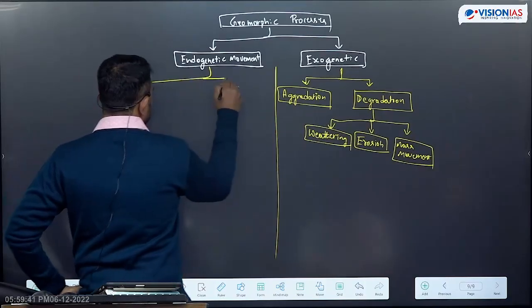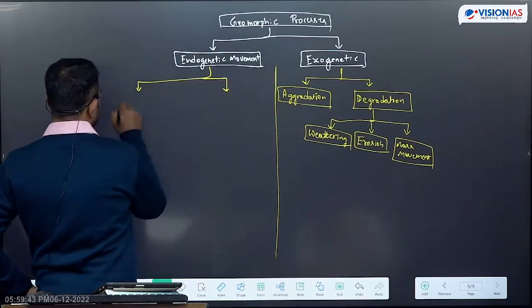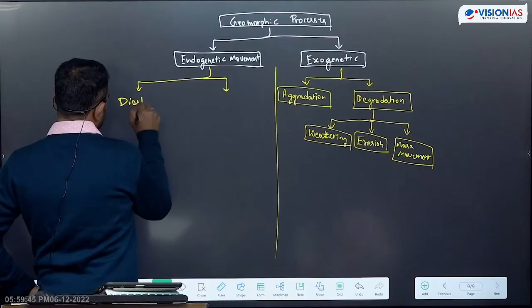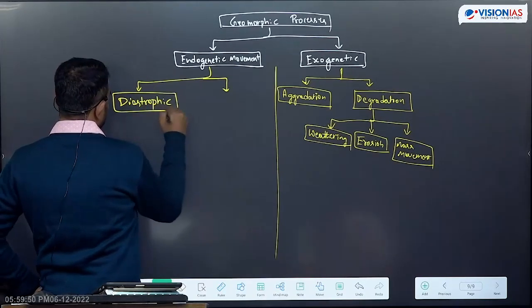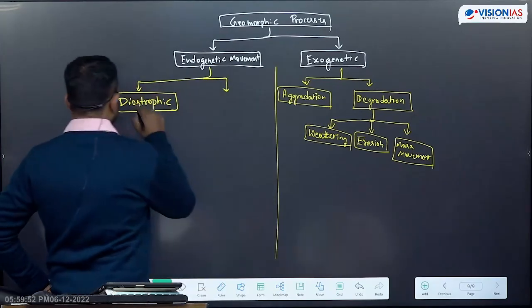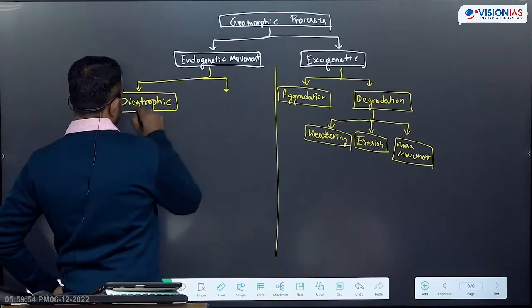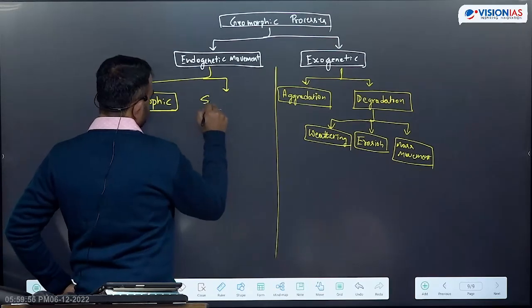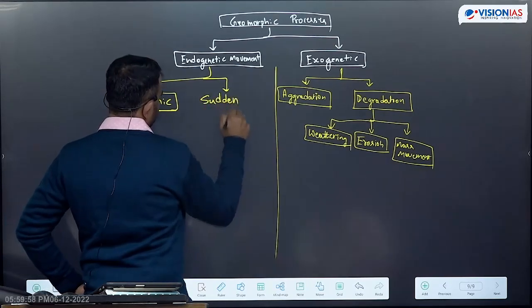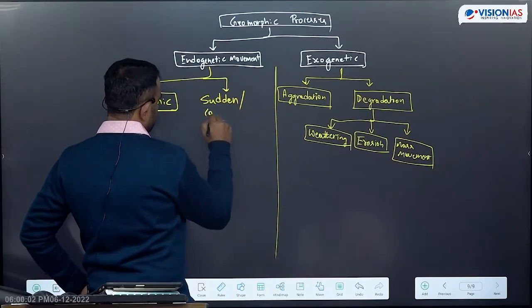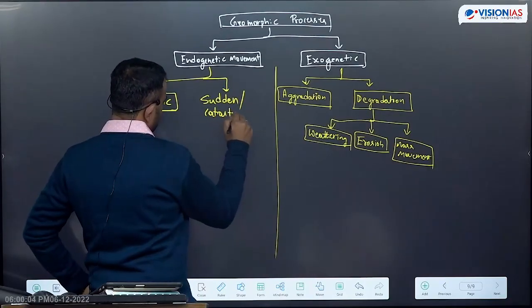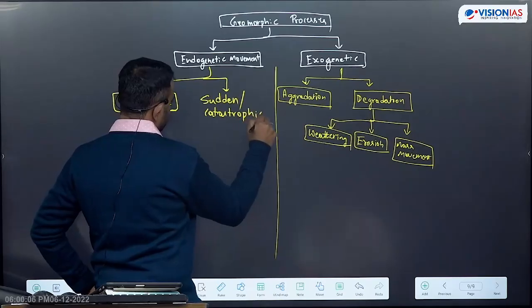Endogenetic movements are classified into two types. Diastrophic movements, sudden or catastrophic movements.